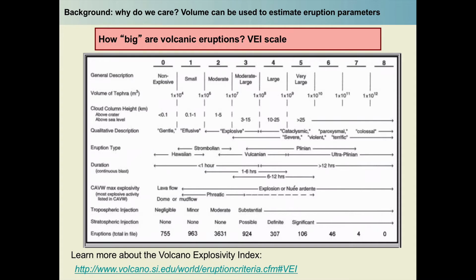Okay, so why do we care? So here's a VEI scale chart from Lockwood and Hazlitt. You can learn more about the VEI scale from the Smithsonian Institution volcano website down here. So VEI scale is kind of like the earthquake Richter magnitude scale. It allows us to estimate the magnitude of an eruption, how explosive it is, based on a few parameters.